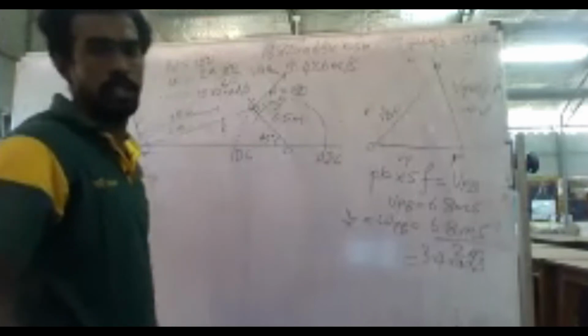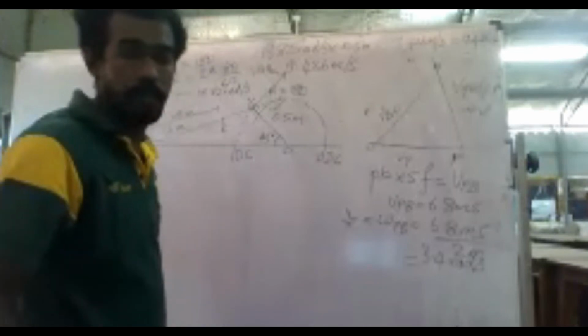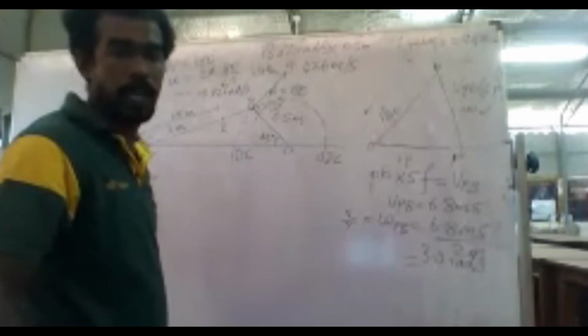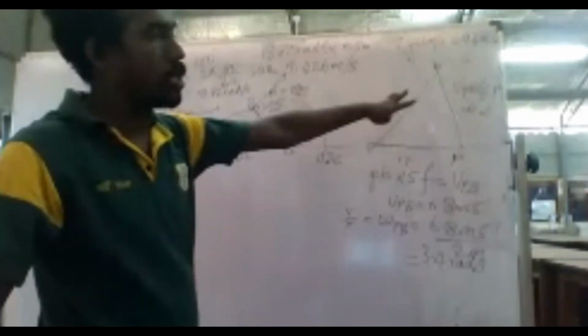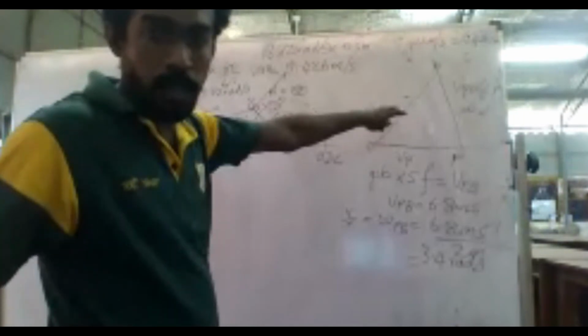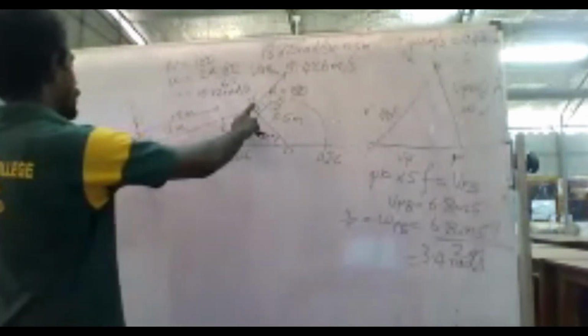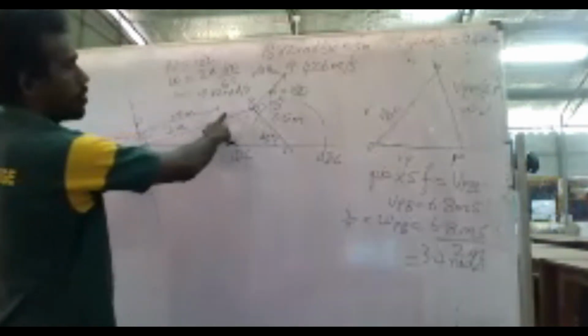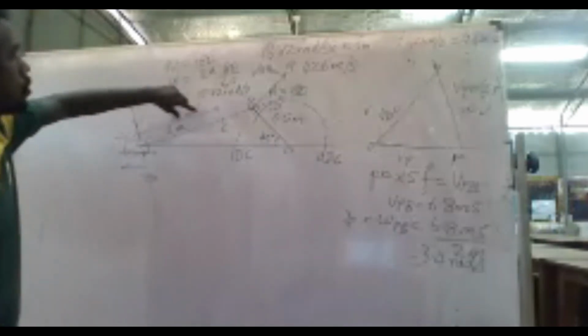I will mark the point E over there. Once I mark the E, I will mark that particular E on the velocity diagram also. So if I have PB as 2 meter and PE as 1.5 meter, that is a 4 is to 3 ratio.